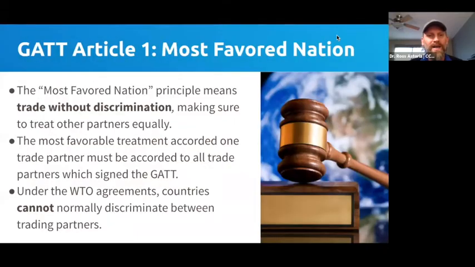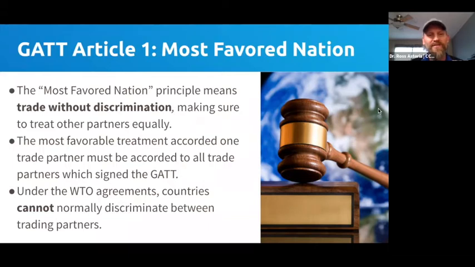All right. GATT Article 1 is called the most favored nation. That's a very odd phrase, but what it means is it's a principle that means trade without discrimination. It means that any country that is a member of the GATT must treat all countries importing to it in the same way that it treats the most favored nation importing into it.